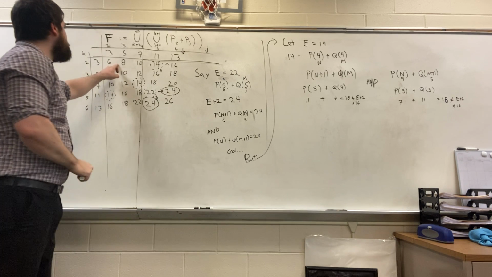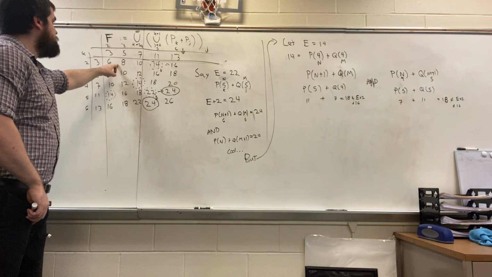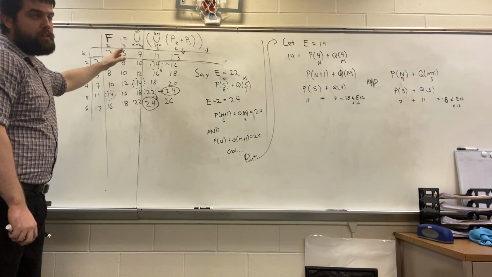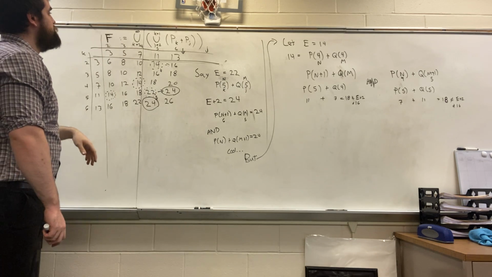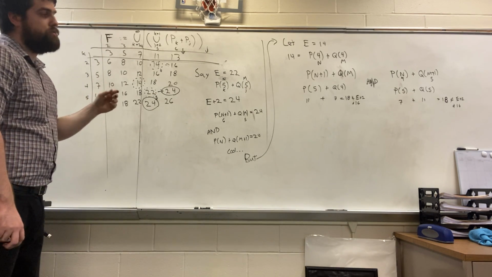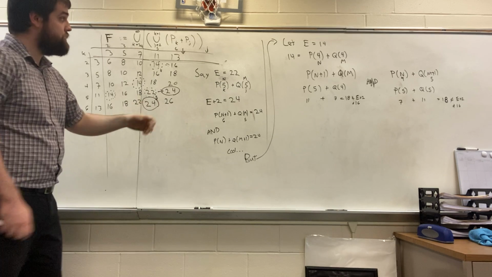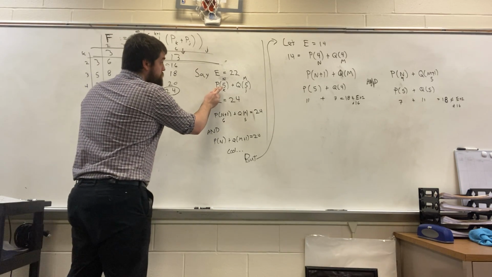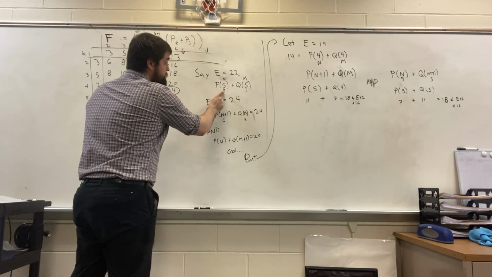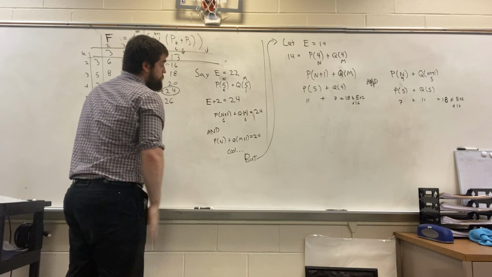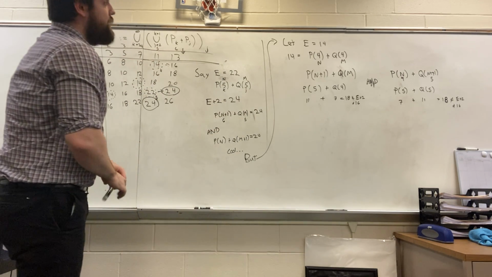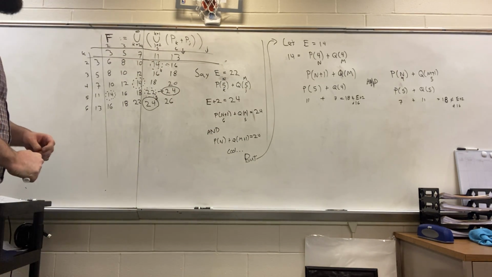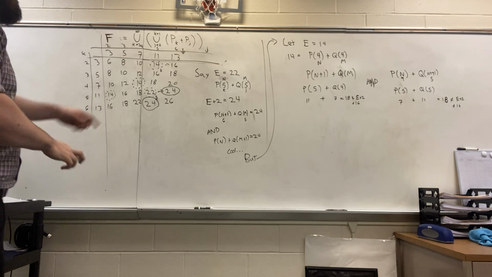So each position in this grid is K comma J, which will be P of n plus Q of m. So K goes with n, J goes with m. And you want to prove by induction, you have the base case, 8's in there, there it is.